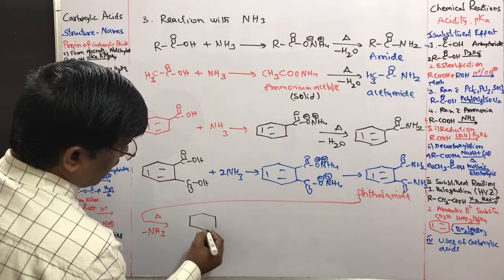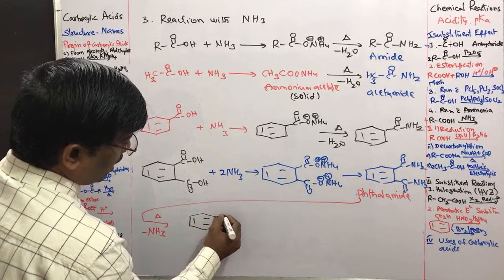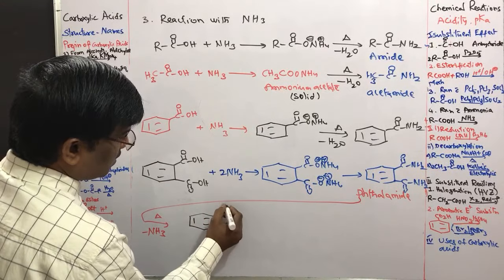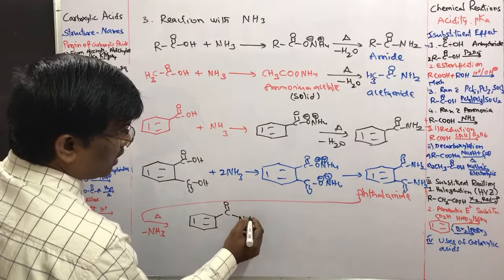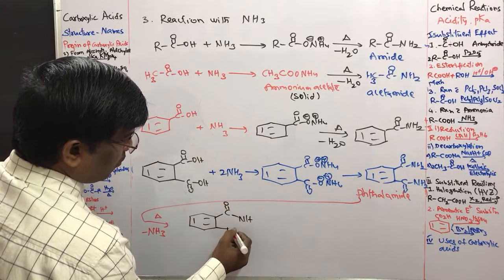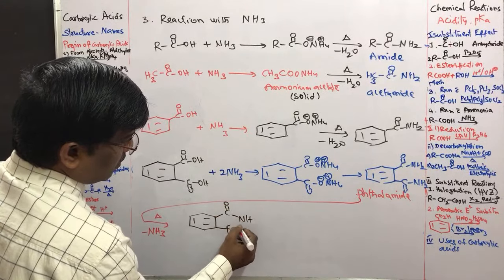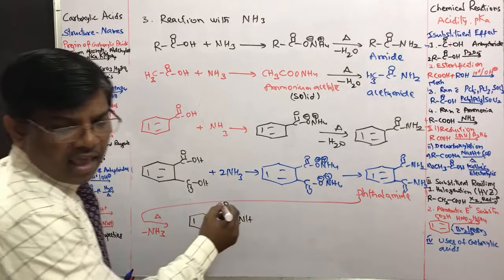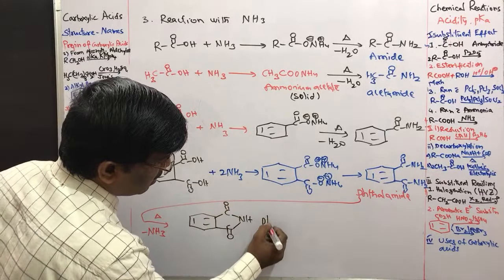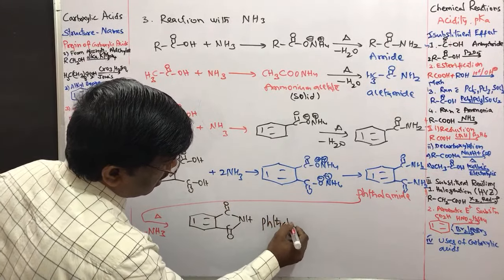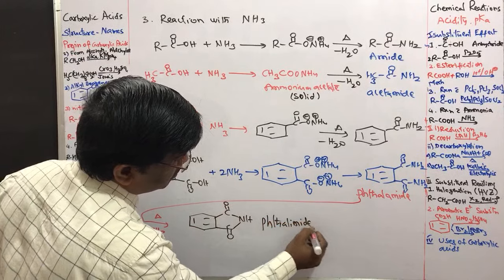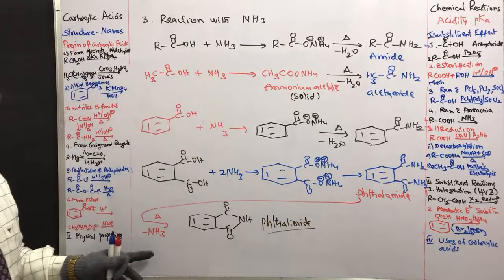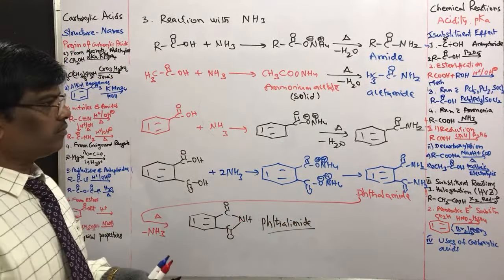This phthalimide plays a very important role in the Gabriel synthesis, and during that name reaction I am going to explain its importance. So this is phthalimide. Write down the spelling. Yes students, phthalimide you are going to take.